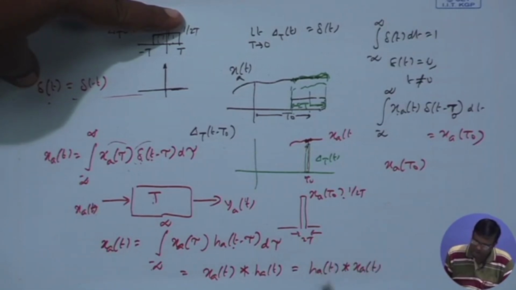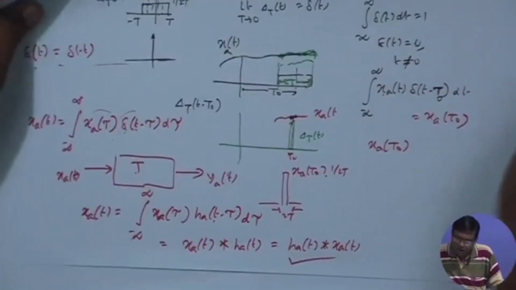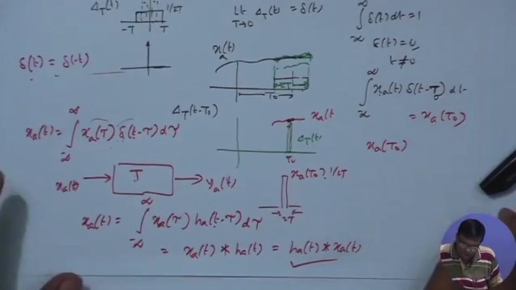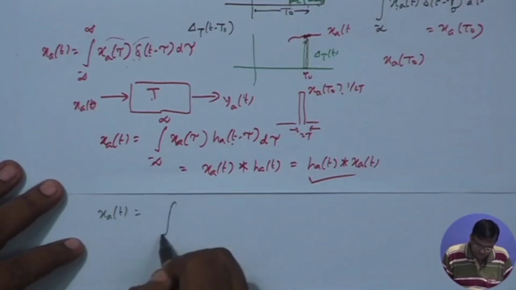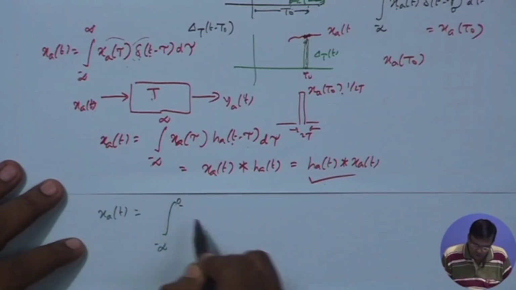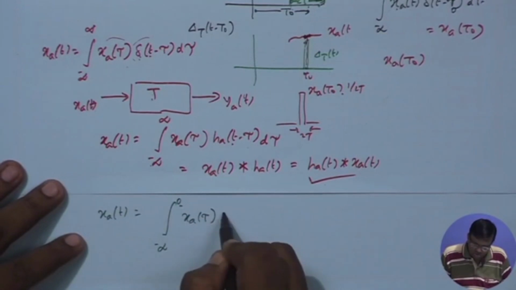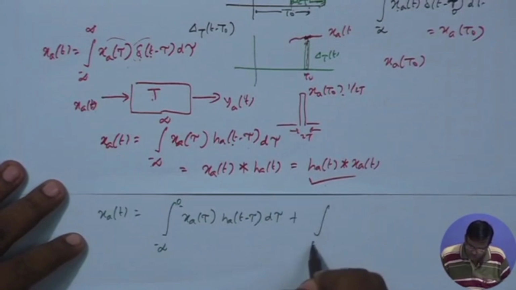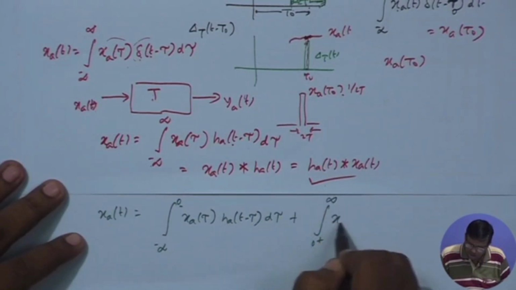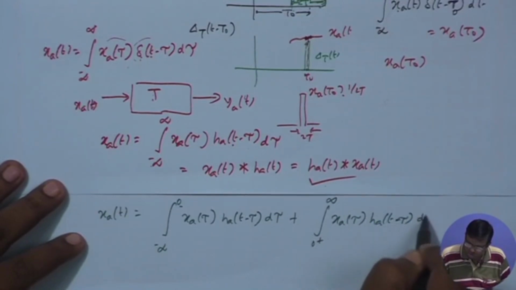This is where I stopped, and I always tell you to take this form for all practical purposes. Here again the concept of causality and stability comes. Firstly, the integral can be written as two components: minus infinity to 0 minus, that is approaching 0 from the left hand side, of x_a(tau), and from 0 plus to infinity of x_a(tau) h_a(t minus tau) d tau.